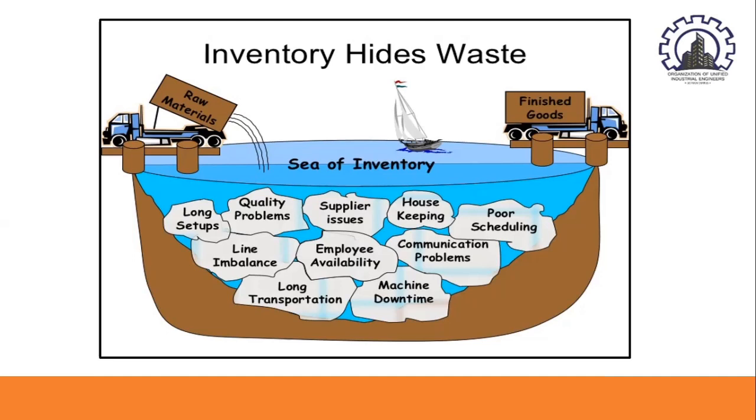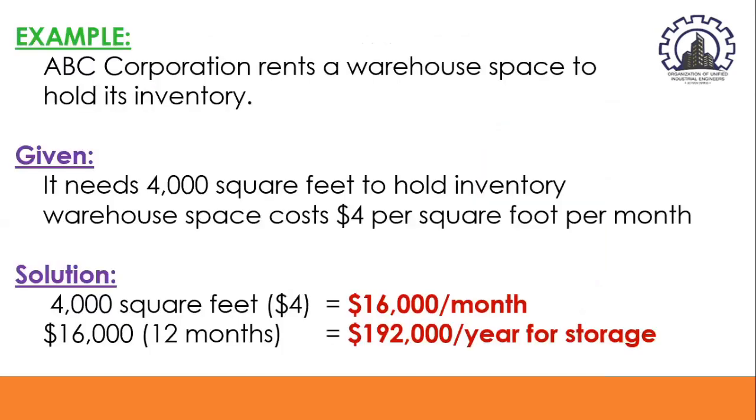Now, in order for us to better understand this, let me give you a scenario. For example, ABC Corporation rents a warehouse space to hold its inventory. Since you don't have enough space in your company to hold your inventory, it needs 40,000 square feet, and your warehouse space costs $4 per square foot per month.